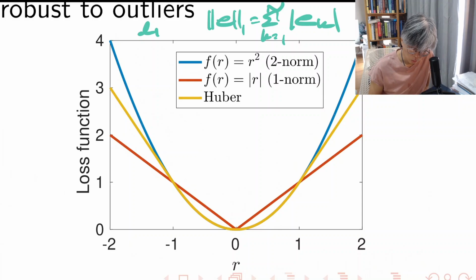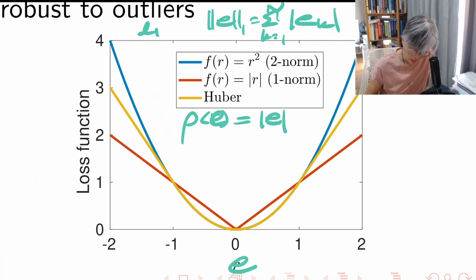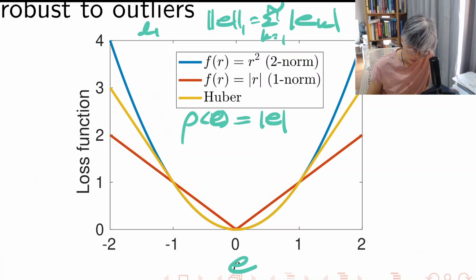So I take a look at the loss function as a function of the residual, or the function of error. I plot it for the scalar case. For the 1 norm, it would be just the absolute value function.